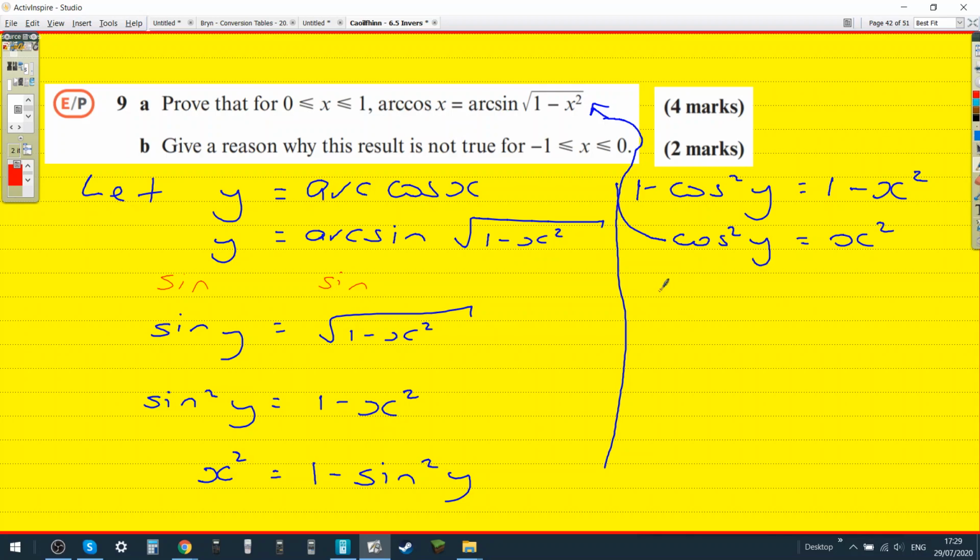And so instead of 1 minus x squared, you could write that as arc sine of 1 minus cos squared y. So cos squared y and x squared are the same. Yeah. So I just replaced x squared with cos squared y. Okay. What else is 1 minus cos squared y equal to?